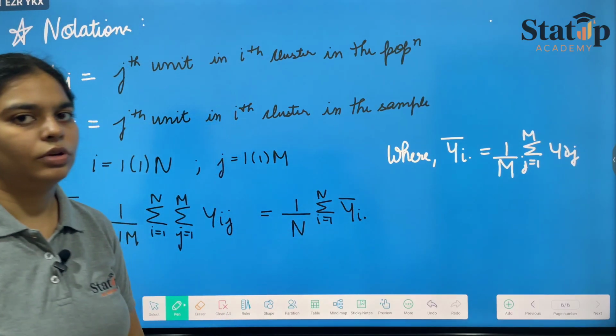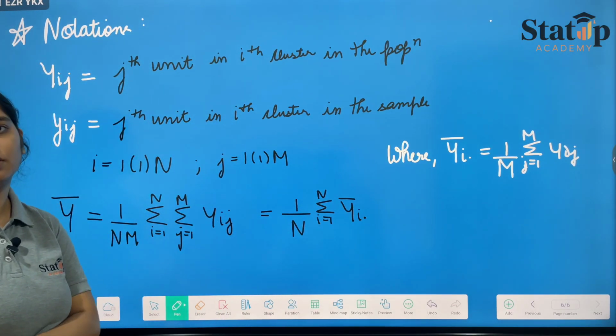So these are the important notations of this sampling.